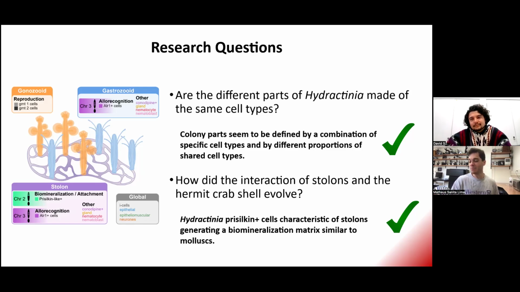But I was wondering, and again, this is speculation, whether you would expect a common denominator, and I want to say a molecular common denominator, across those groups that would equip them to develop coloniality, right?